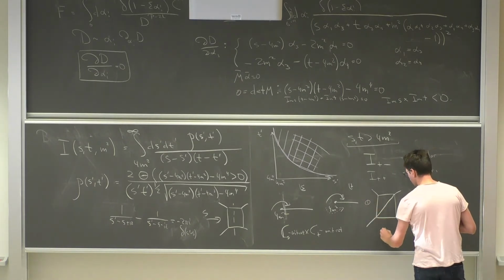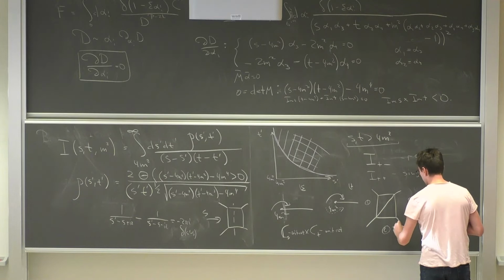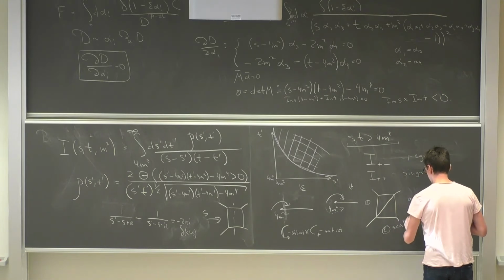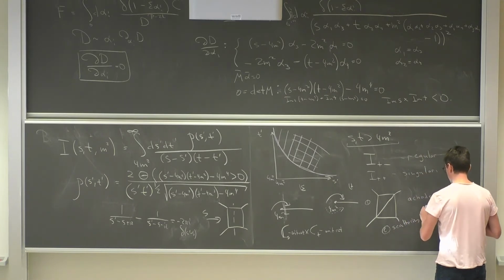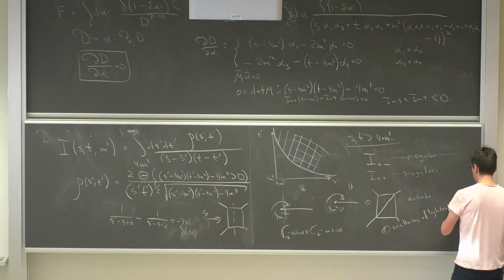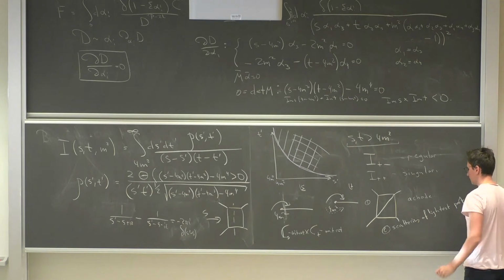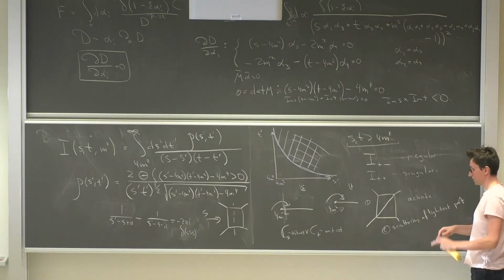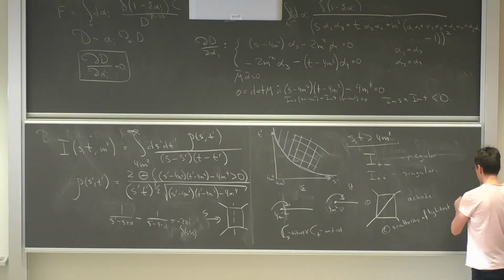However, that's one thing that people found. But second, people found that if you consider scattering of lightest particles, so let's say you have a theory with various stable particles, and you take the lightest particle and make it external, this doesn't seem to happen.